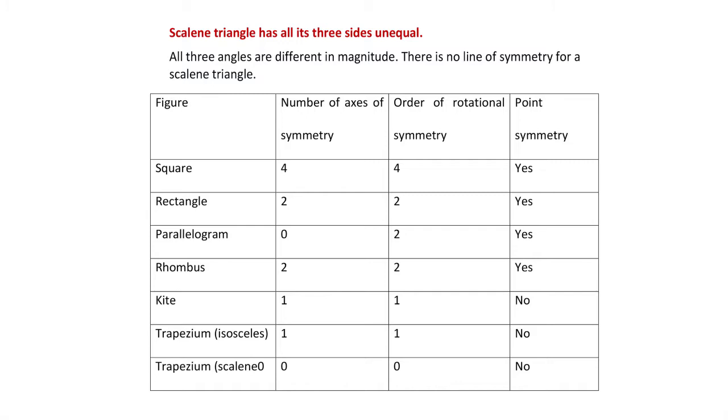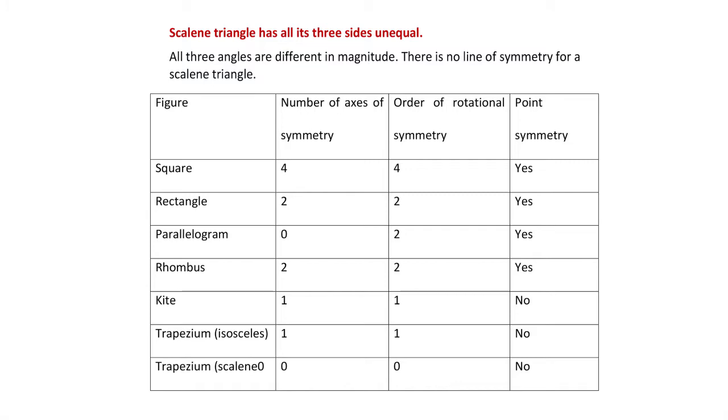So for a square, it has four axes of symmetry, like we said earlier on. The order of rotational symmetry is 4, and it has point symmetry. A rectangle has two axes of symmetry, and the order of rotational symmetry of a rectangle is equal to 2. And a rectangle also has point symmetry.